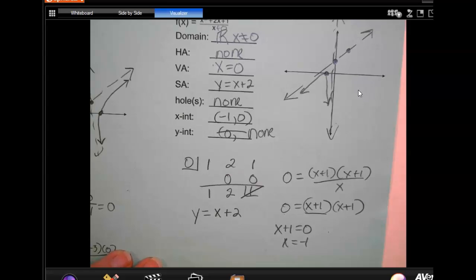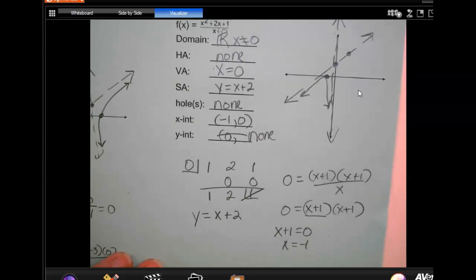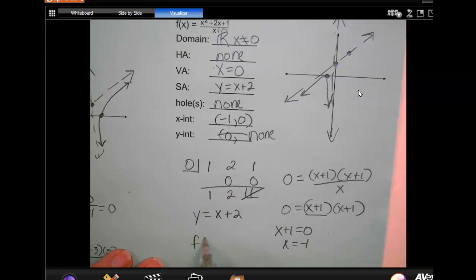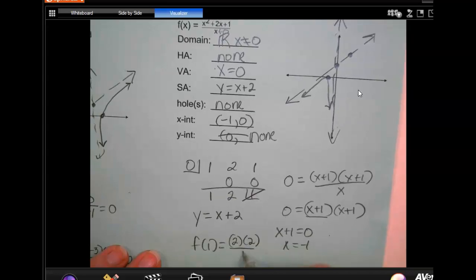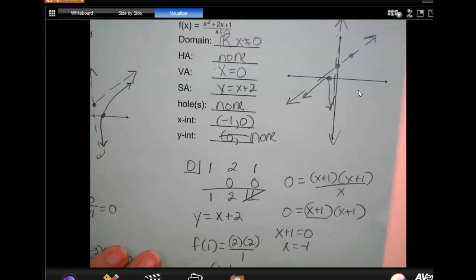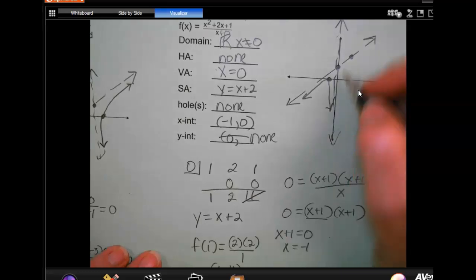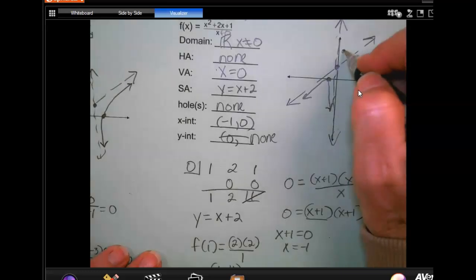So then, what do I have to test next? I need to know where it is over here. So can we do f of 1? Is that all right? So if I do that, I'm going to get 2 times 2 over 1. So I'm going to get 1, 4. So if I get 1, 4, it's here.